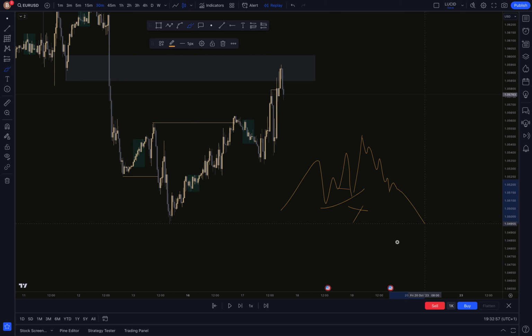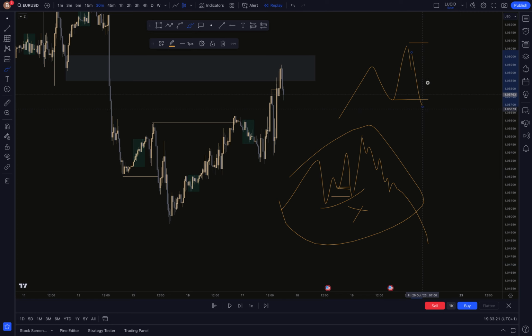Price will most likely use this internal as liquidity. Why? Because it is no more valid. Every order here has been filled and it is not protected. So no more orders.